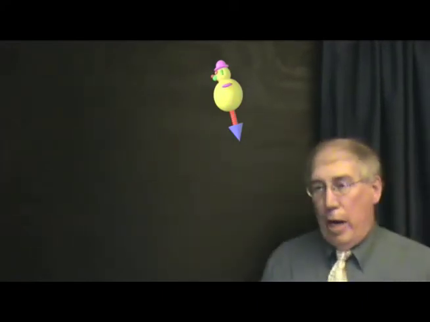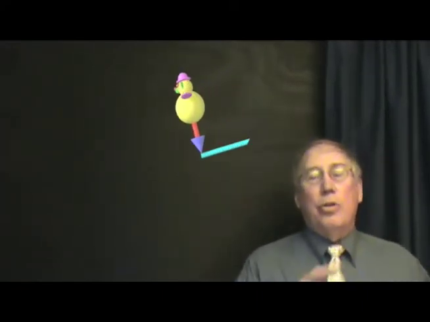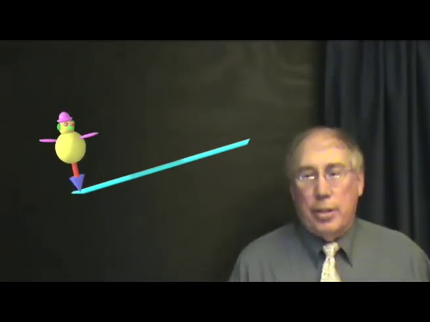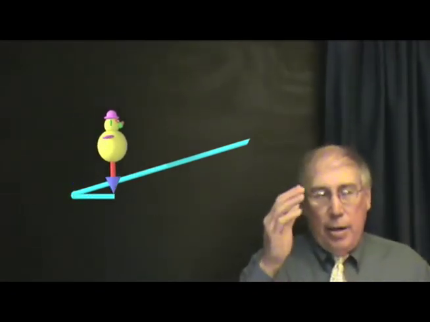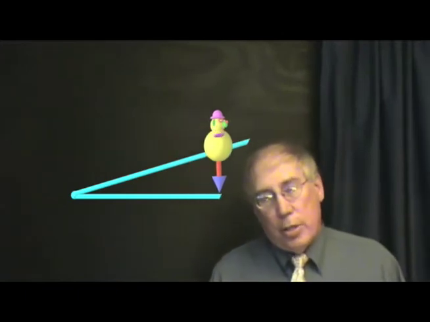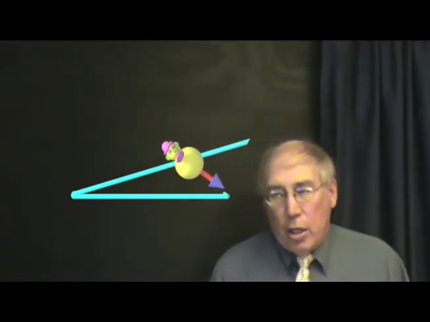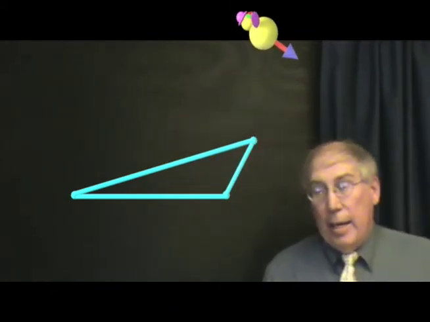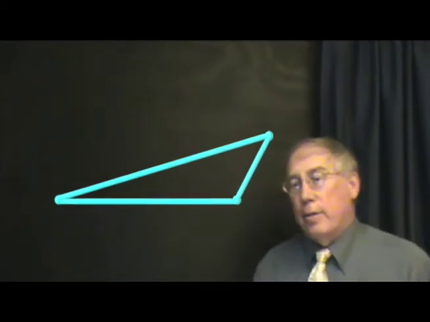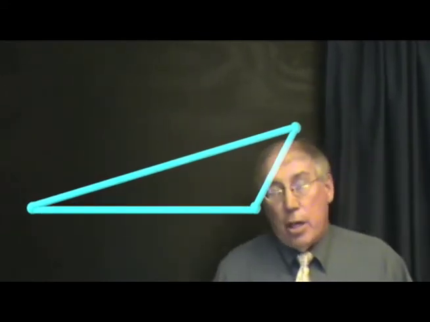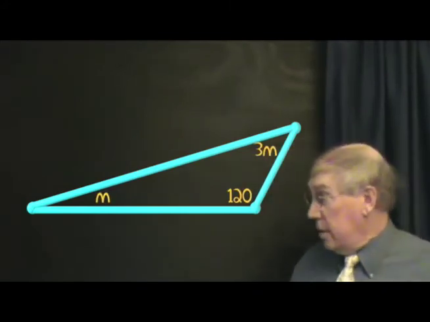Now here's Dirac. He's going to draw a triangle. Now a triangle has 3 angles, and if you add up all those angles, you'll come up with 180 degrees. Let's suppose that we have this triangle here, and one of the angles, the largest angle in this triangle, is 120 degrees.